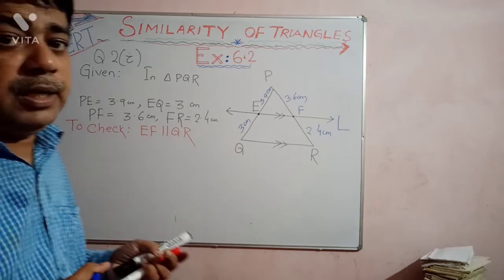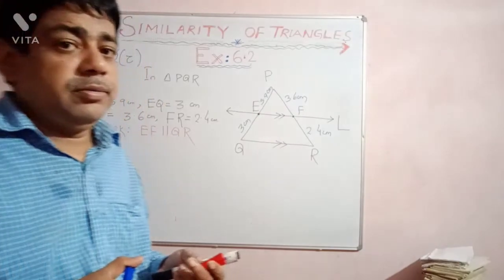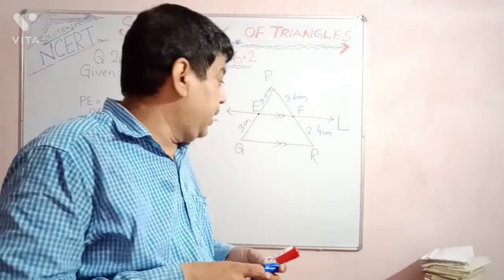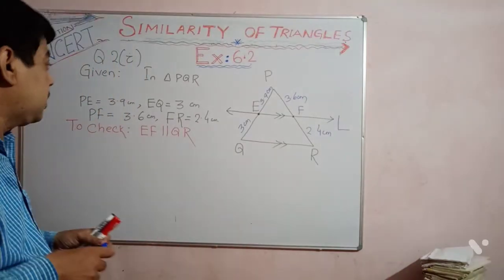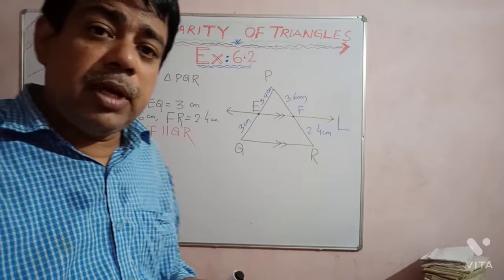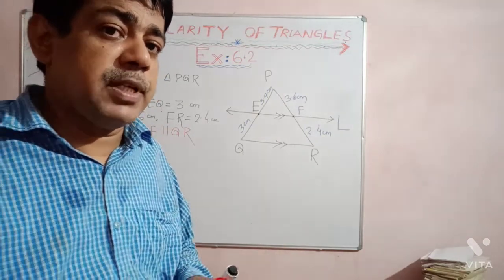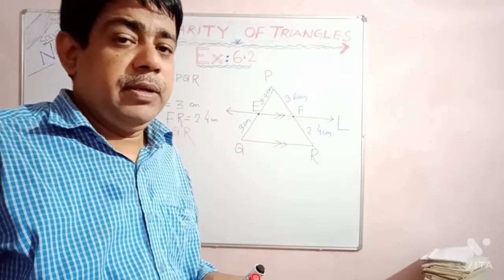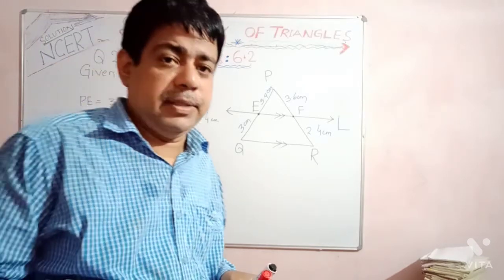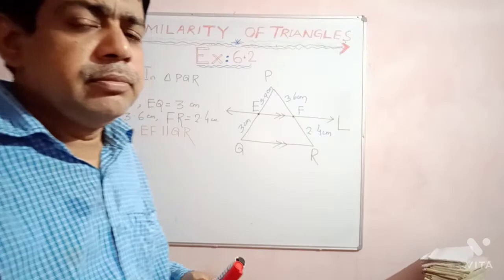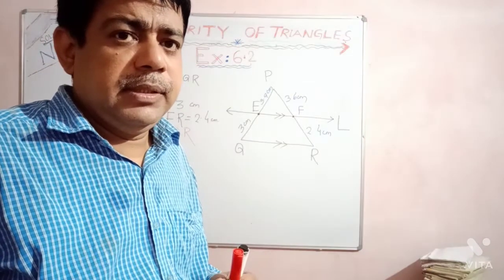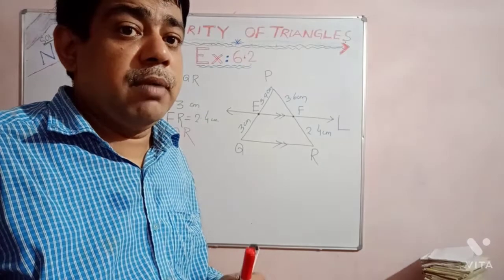To understand the question, we have to check whether EF is parallel to QR. According to the converse of the basic proportionality theorem, what is it? If a line intersects two sides of a triangle in the same ratio, it becomes parallel to the third side.